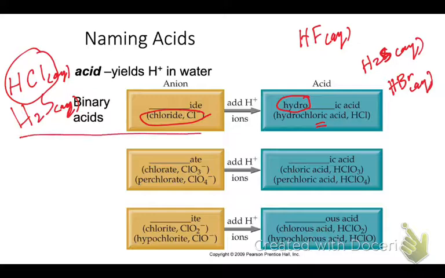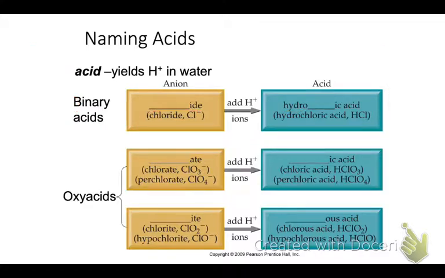Now, the second type of acid are what we call oxyacids. These are made of hydrogen with polyatomic ions. So, now if we look at this, here is a polyatomic anion, chlorate.